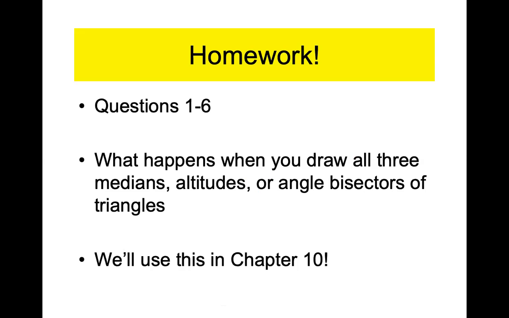You're going to notice that the intersection points happen physically somewhere: inside the triangle, on the triangle, outside the triangle, right? That's all they're looking for. We'll actually use that in chapter 10. So I'm not sure why they have you do it now. It would seem like a better fit for chapter 10, but they had to do that now. You're going to absolutely forget it. I'll have to remind you.